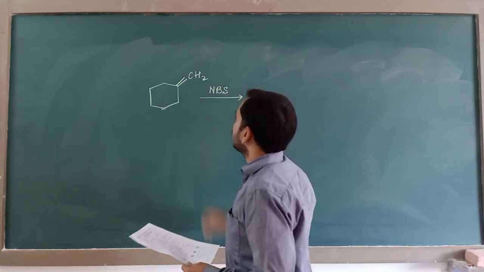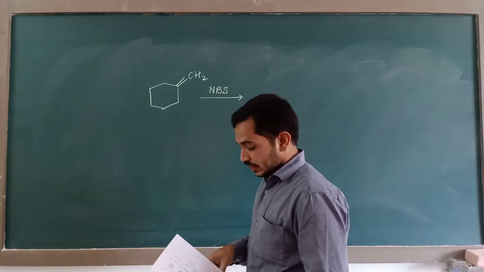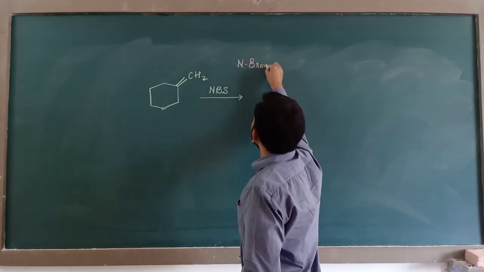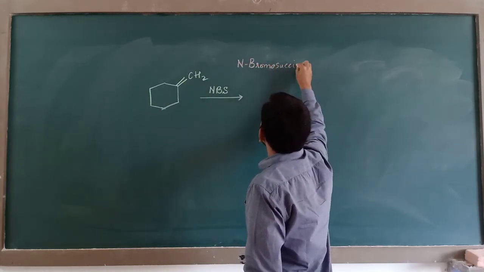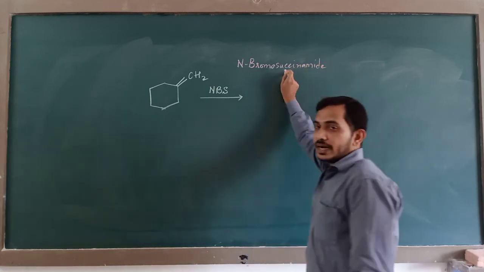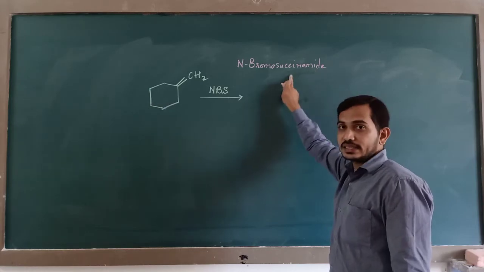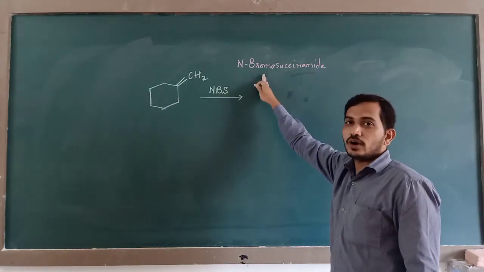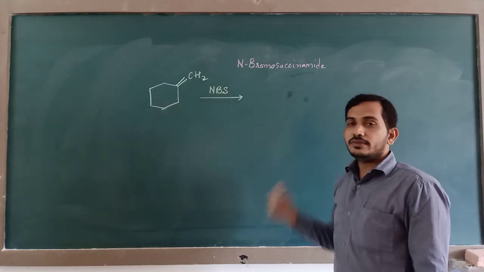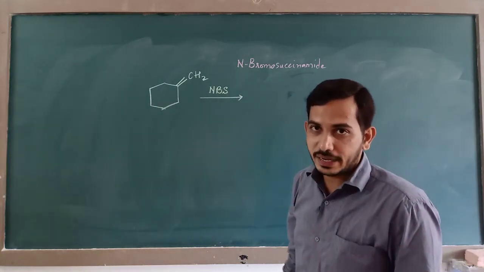You might not even be knowing what NBS is. So NBS stands for N-bromosuccinamide. So if you have got succinic acid, you convert that into amide, and in that succinamide structure, if you have got bromo attached directly to the nitrogen atom, then we say it is N-bromosuccinamide.